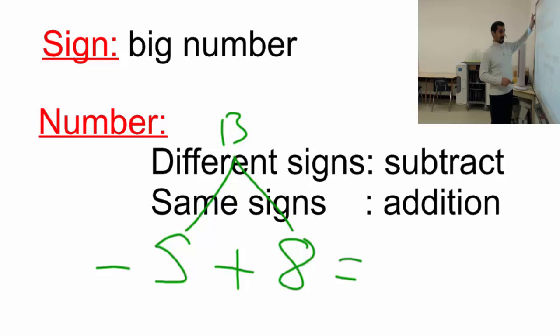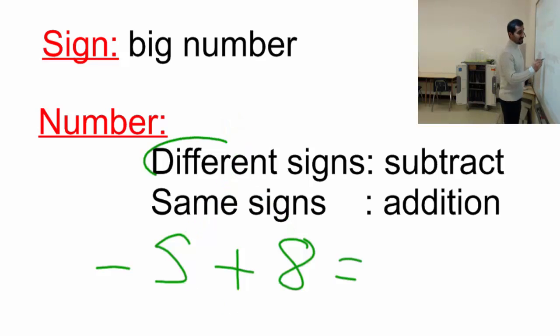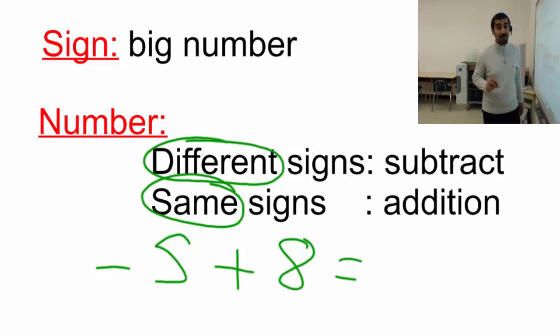Which one? If the signs are different, you will go down, you will do the subtraction. If the signs are the same, exactly the same, this means it could be positive, positive, or negative, negative, you are supposed to add them.